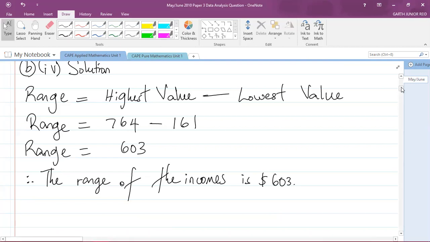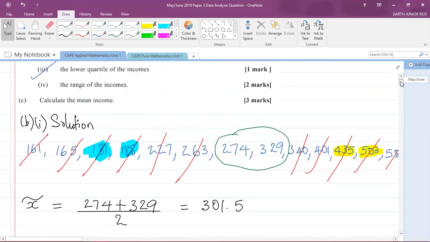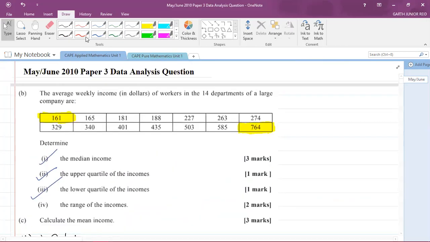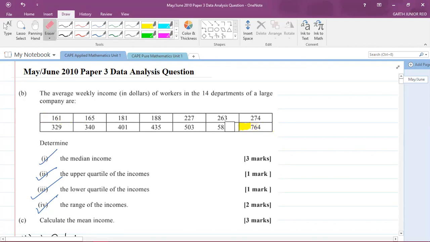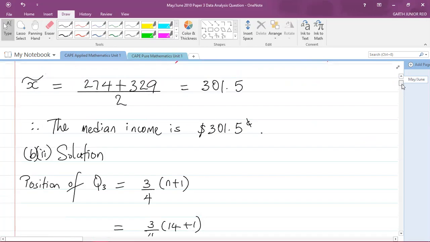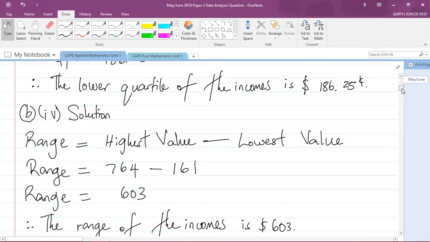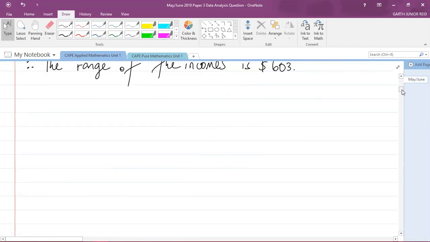All right, so we're finished with part 4 of the question. That's for 2 marks. And we're now going to do part C, which says to determine the mean income. That's for 3 marks. So what we're doing is calculating the arithmetic mean here.